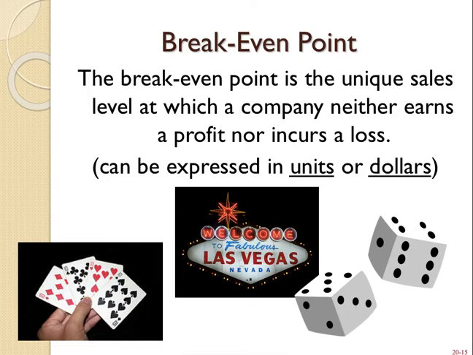You didn't make any money, you didn't lose any money. That's kind of what a business is trying to do: identify their break-even point. Of course, they want to make money, but at a minimum, I have to break even, because then I know I'm at least covering my costs. I haven't lost any money. I want, of course, to do more than break even, but at a minimum, I have to break even to make sure that I cover my costs.